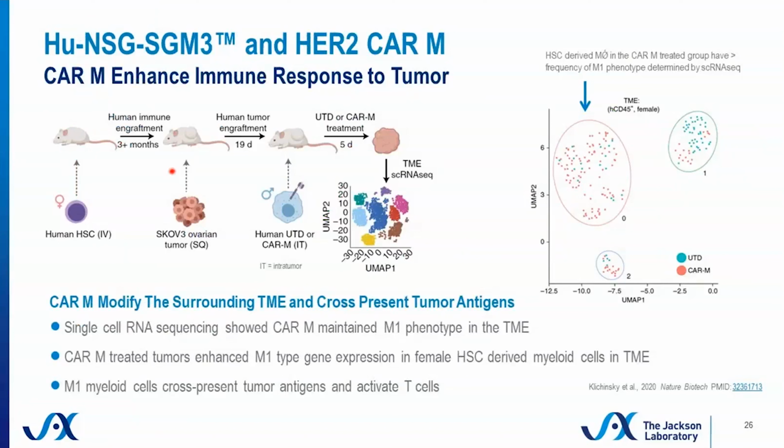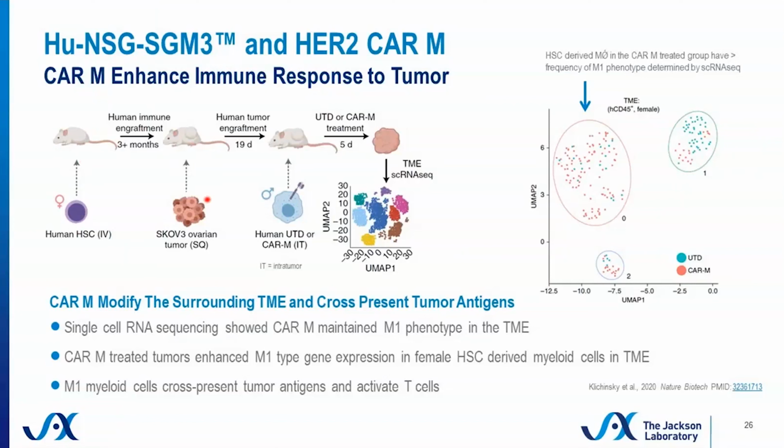They did an interesting experiment where they took these NSG-SGM3 mice and they took female human hematopoietic stem cells and grafted those into the mice to establish a human immune system into these mice. Then it takes about 3 months for that engraftment to establish.